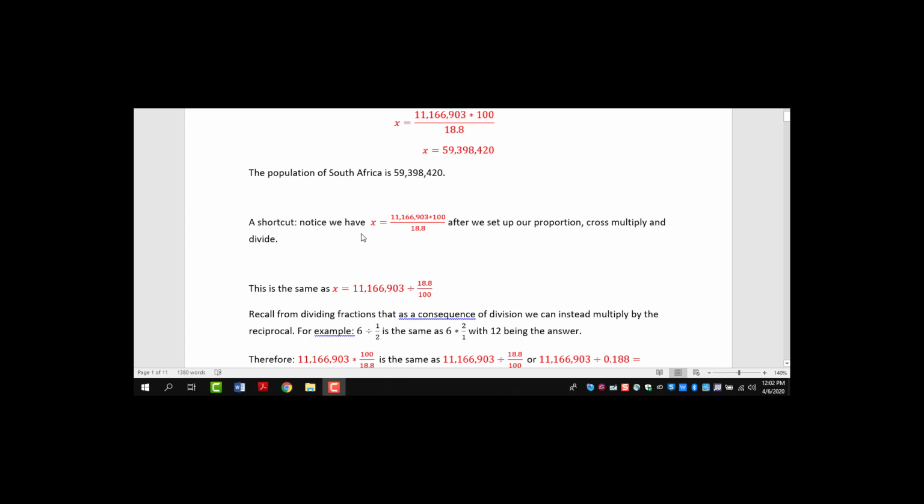A shortcut would be, notice that you could have over here, X equals 11 million times 100 over that. That's the same thing as this here.